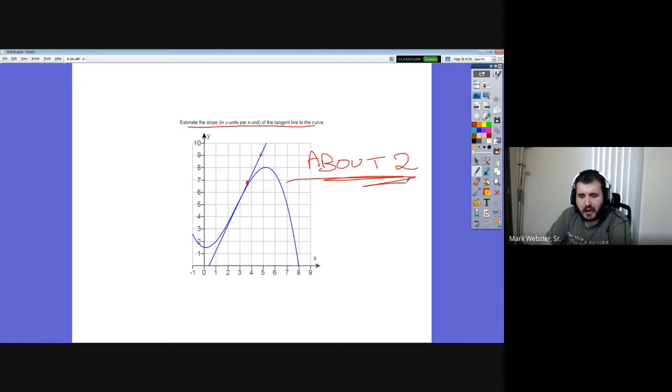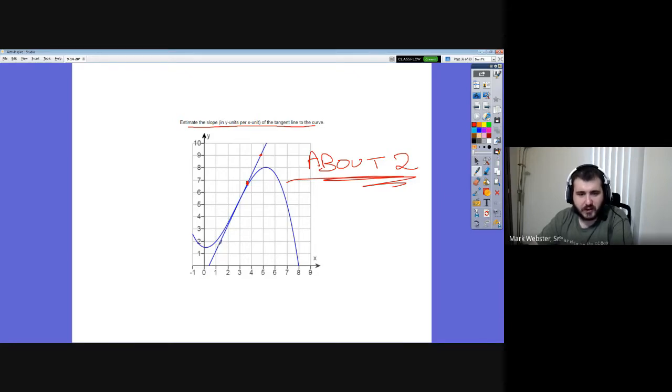So a lot of these, you're going to get a little drop down menu or they're looking for which whole number this is sort of close to. It's not going to be exact. You're not going to be asked on a picture like this to figure out exactly what it is, because it's not going to be perfect. Or if it is, there's going to be specific lattice points that you can look at.